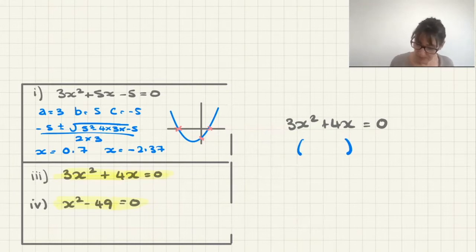If I look at the numbers, I don't have anything that's common, so nothing is coming out onto the outside of the bracket. But x is common, so x can. So x will come out, and I will then have 3x here to make 3x squared when it's expanded, and just 4. So again, when it's expanded, x times 4 is 4x. So that's my factorized version.